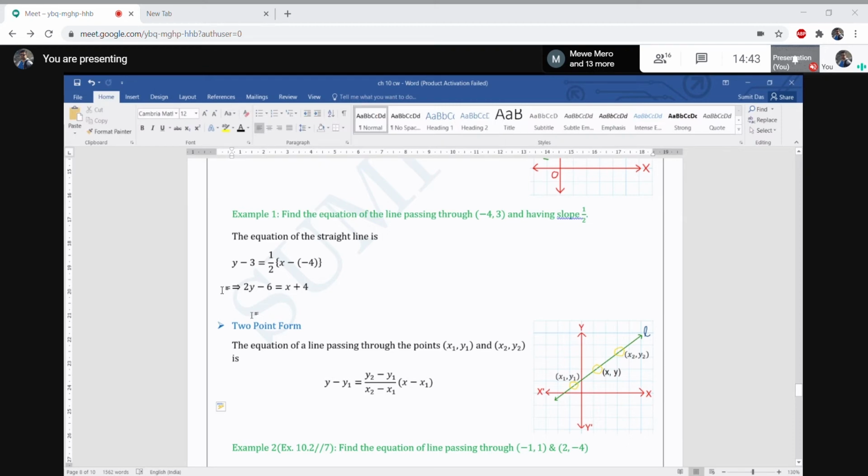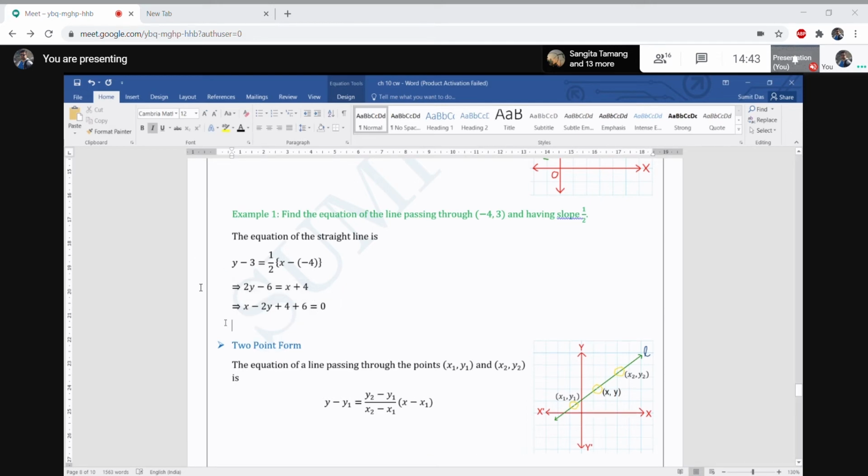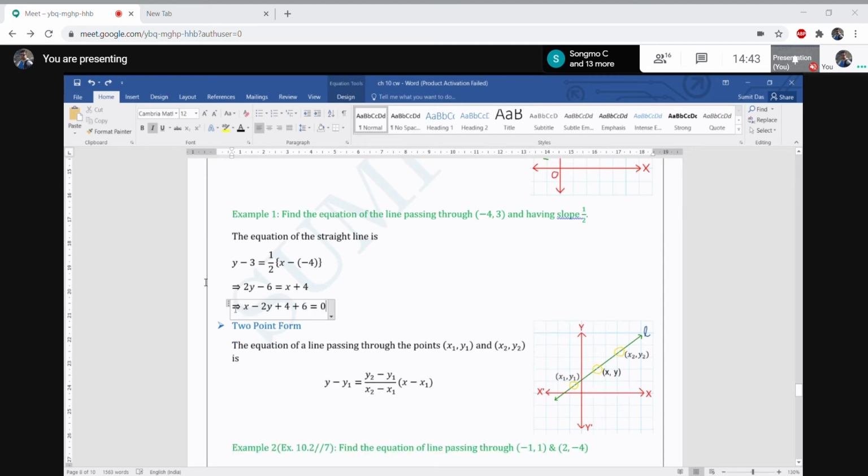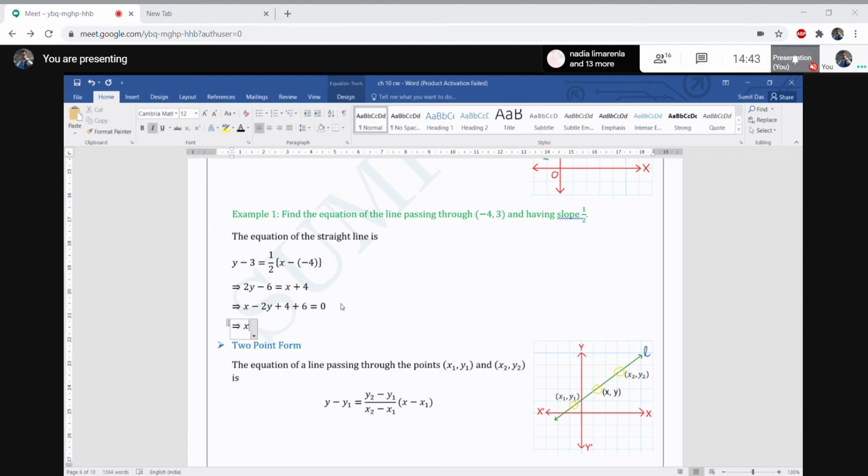So take the y to that side, so it will be x minus 2y. You can take the 6 also to that side, so it will be plus 4 plus 6 equal to 0, which implies x minus 2y plus 10 equal to 0. Okay, that is the answer to the question.